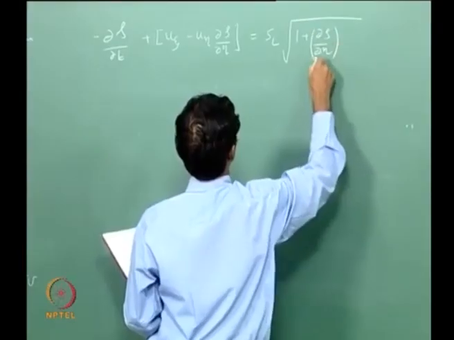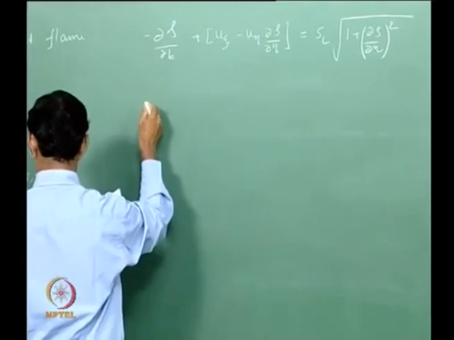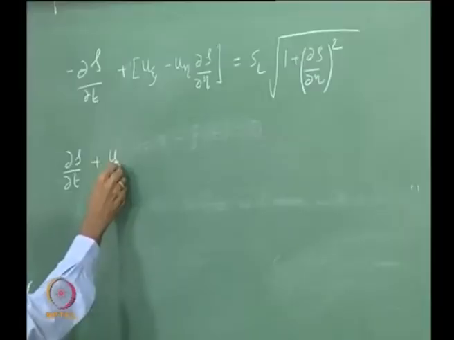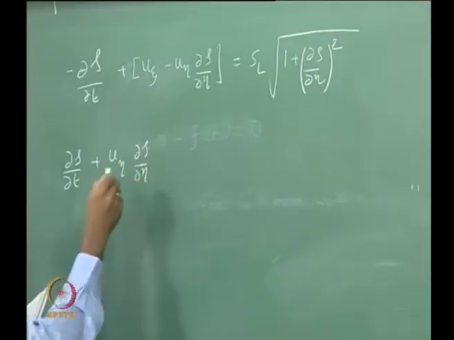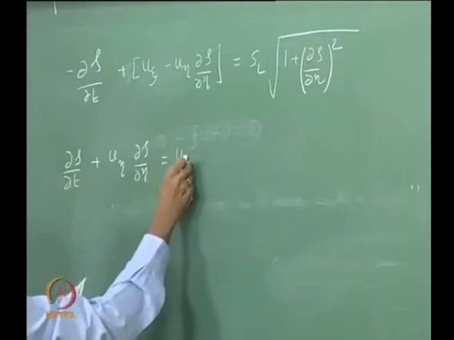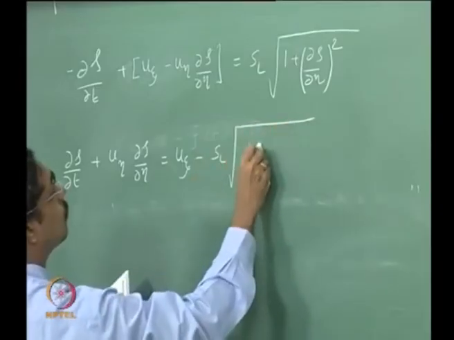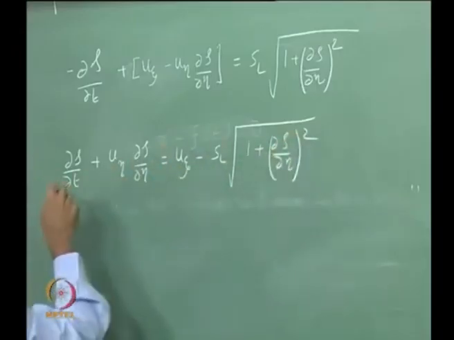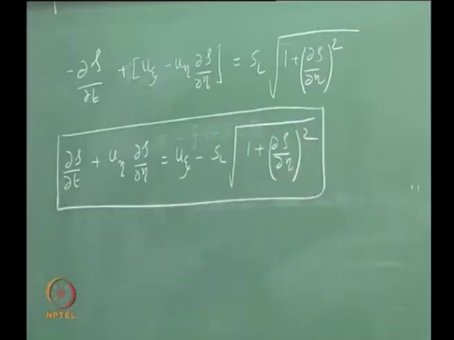Or we can rewrite this nicely as dou psi by dou t plus... so our G equation has reduced to this simpler equation.